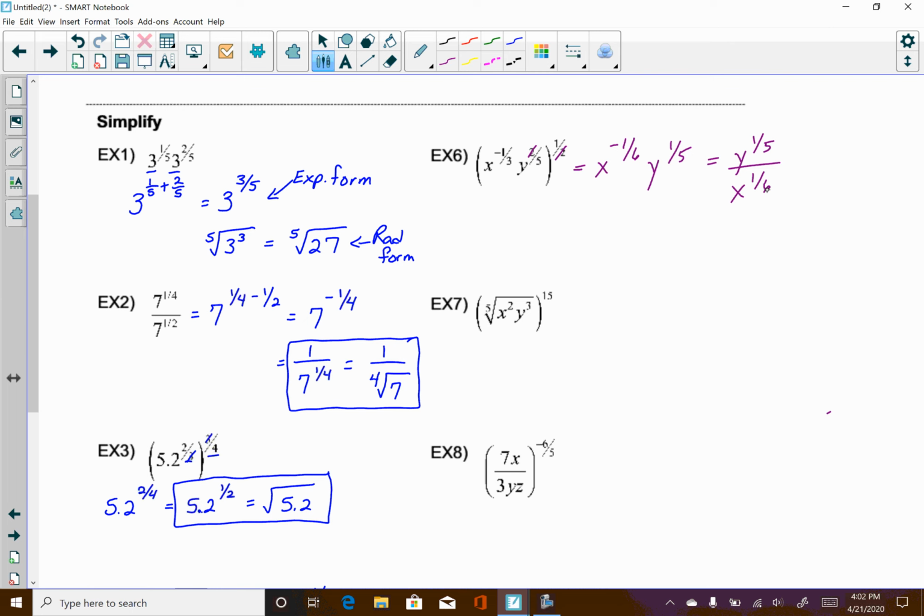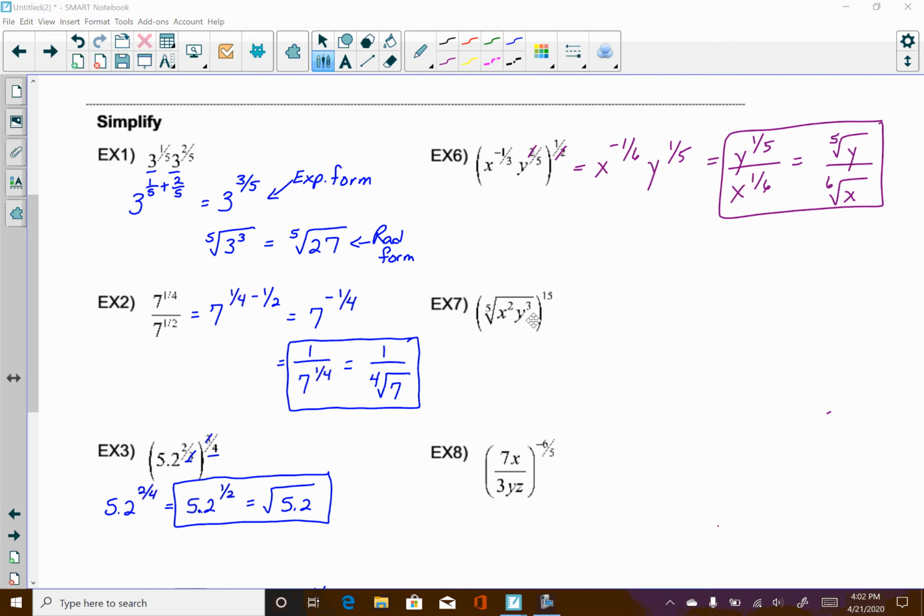That would be in exponent form. And then I could rewrite using my radicals. Up top we would have the 5th root of y, on the bottom the 6th root of x. Okay. So I'm giving you both forms so that you're prepared whenever you get into your MyLabs Plus.